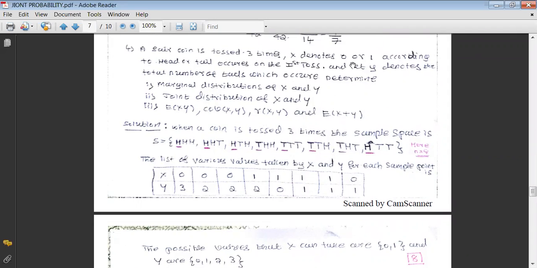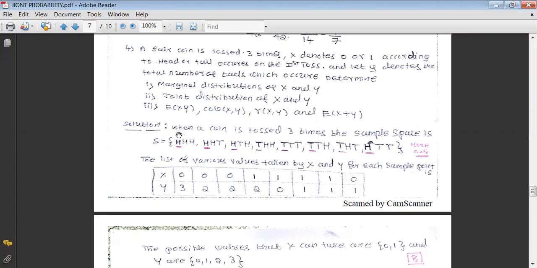As X denotes 0 or 1 according to the result head or tail on the first toss, the result of the first toss is highlighted. Out of 3 tosses, the result of the first toss is highlighted in each sample point. Here it is head. When it is head, its value is going to be 0.